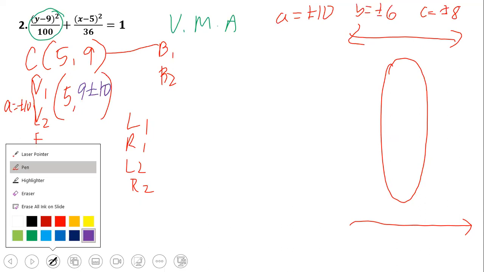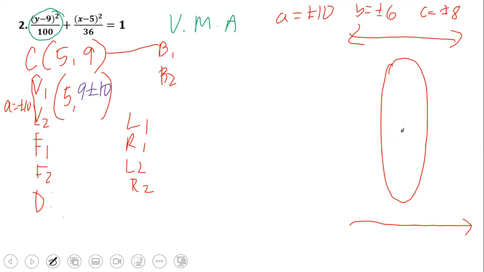Center natin, which is center ito. Ito yung vertex 1 natin. Vertex 2. So, ibig sabihin isang 5 and 19. And yung isa is 5 and negative 1.